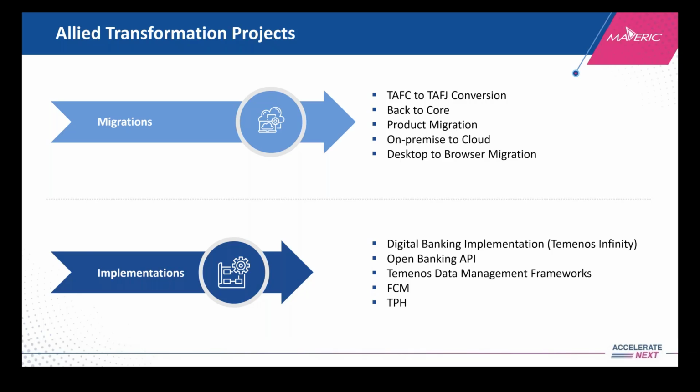So there is a shift from moving the on-premise infrastructure to cloud. Even tier 1 and tier 2 banks are wanting to share their load between on-premise and cloud. So these are other allied transformation projects happening in recent days.